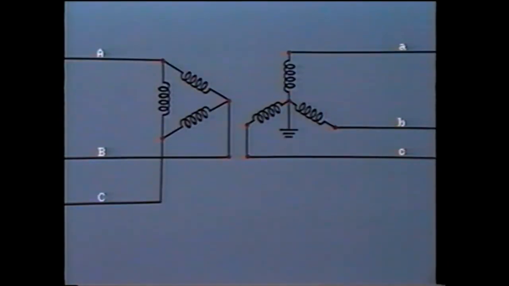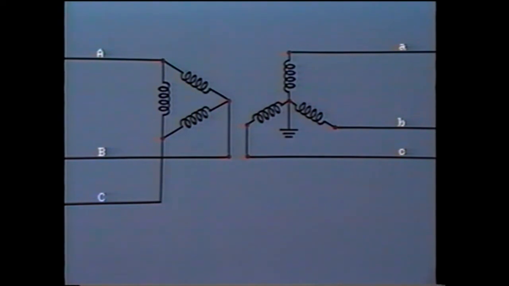For example, let's look at this delta primary, Y secondary transformer. If a 3-phase short circuit occurs downstream of the secondary, heavy fault current will flow through all 3 phases of the primary winding. In the case of a phase-to-phase fault on the secondary, in this example between lines B and C, then heavy fault current will circulate in the secondary B and C phase windings, and likewise, heavy current will flow through the associated windings on the primary.